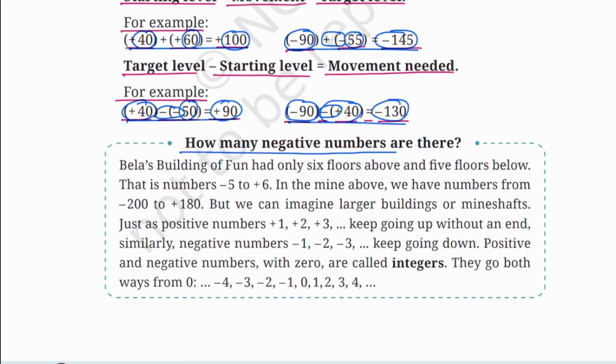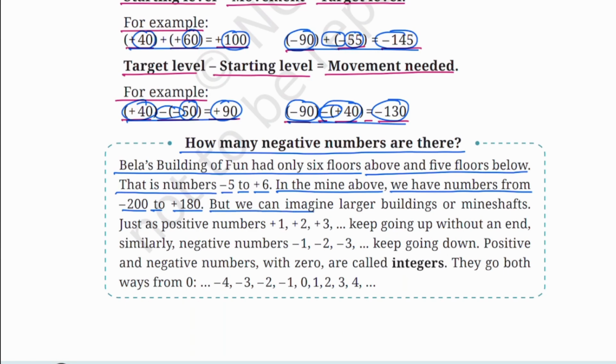How many negative numbers are there? Bella's building had only 6 floors above and 5 floors below, that is numbers minus 6 to plus 6. In the line above, we have numbers from minus 200 to plus 180.